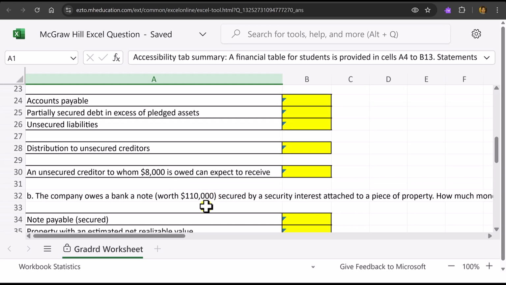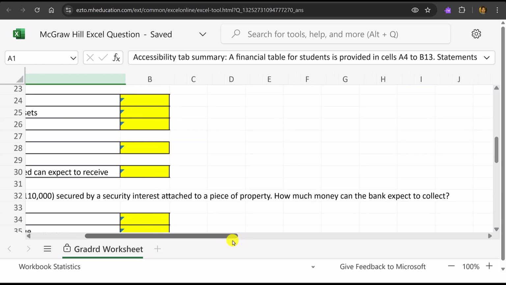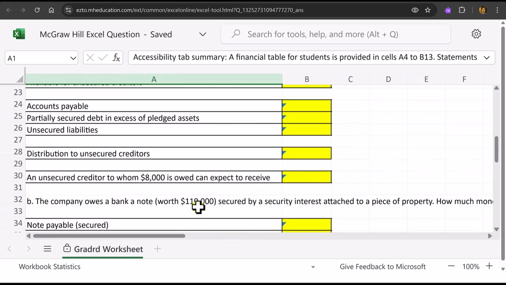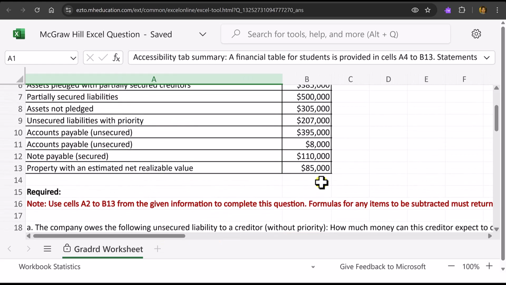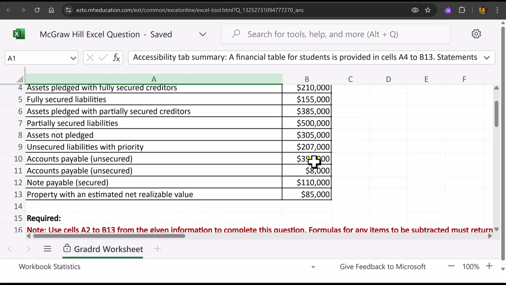Same thing with this 110,000. I believe we were told also, was it 90,000 of assets, 85,000 of assets, partially securing this amount of 110,000 of liabilities. Again, these two amounts here are inside of these two amounts over here, so we don't duplicate it.